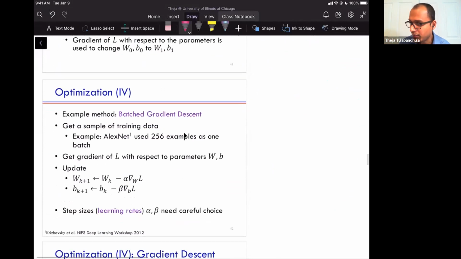Let's skip the first 3 points and focus on the first two. We have W naught and B naught, and we can compute the loss with respect to those parameters, this candidate model. What we can also compute is the gradient of this loss with respect to W naught, and the gradient of this loss with respect to B naught.